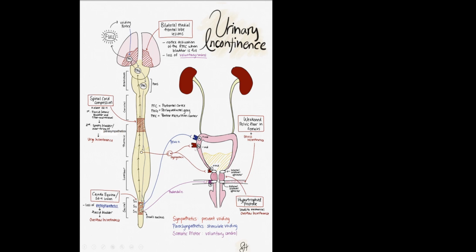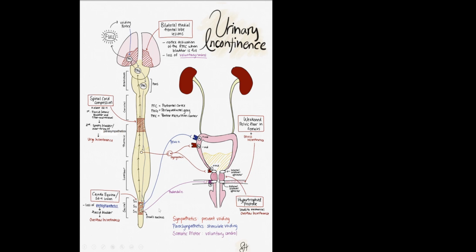Here's a beta-3 receptor, and it will contract the internal urethral sphincter. So both of these work together to inhibit voiding, whereas the parasympathetics, which we see here via the pelvic nerve, want to contract the detrusor muscle via these muscarinic receptors to stimulate voiding.